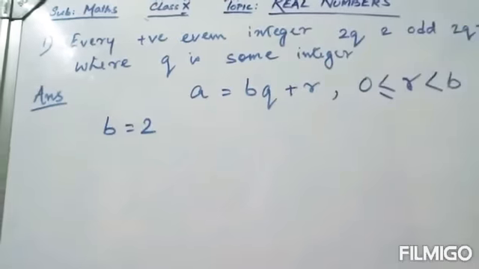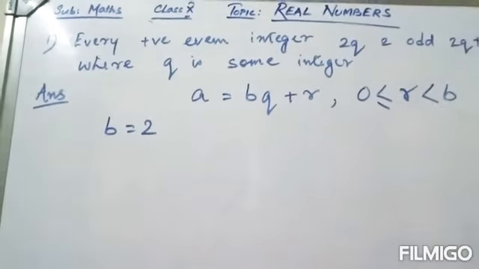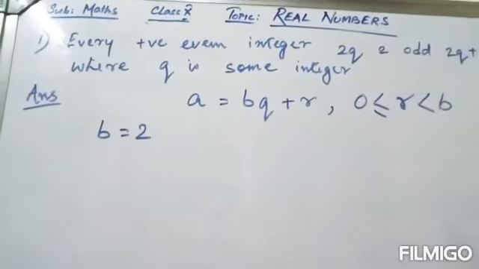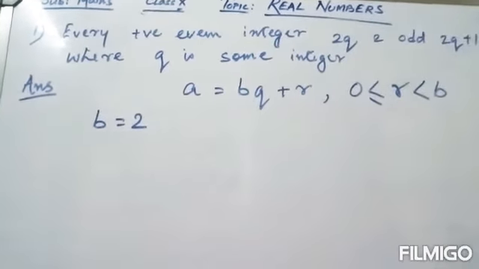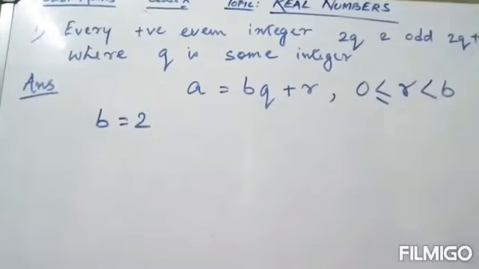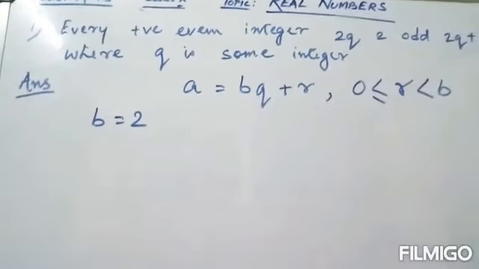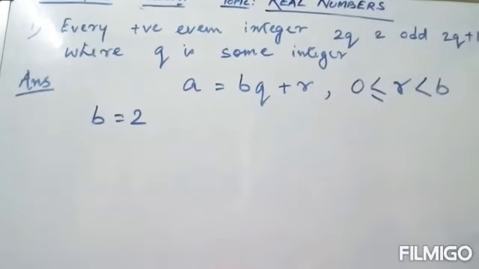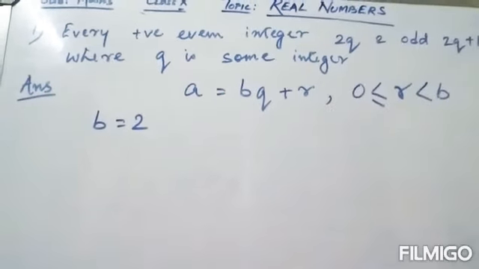Even numbers, how do we find them? We find them by dividing by 2. If it is a perfect division, that is if there is no remainder, it's an even number. And if there is a remainder of 1, then it will be an odd number.